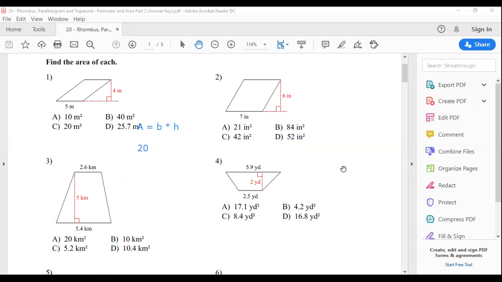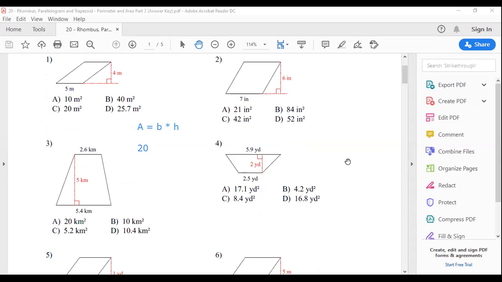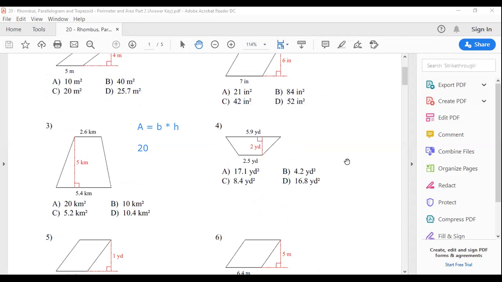Okay, on number 4, that is not a plain old parallelogram. That is a trapezoid. So on number 4, we have something different. For a trapezoid, your area is 1/2 B1 plus B2 times the height.